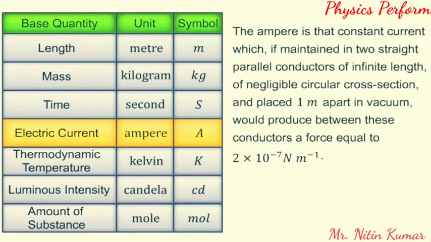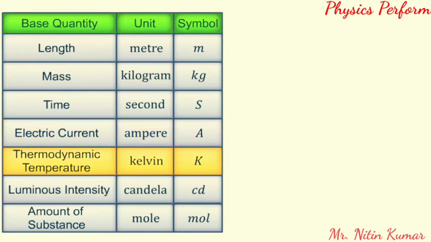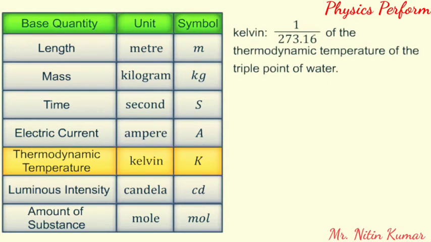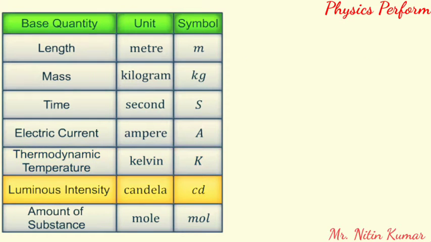Thermodynamic temperature is measured in Kelvin, denoted by the capital letter K. A Kelvin is a fraction 1 over 273.16 of the thermodynamic temperature of the triple point of water. Luminous intensity is measured in candela, denoted by the small letters cd.